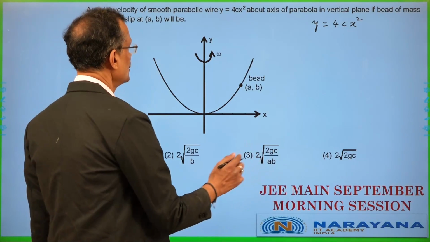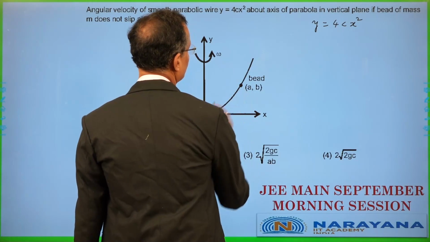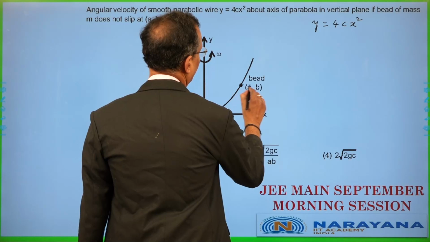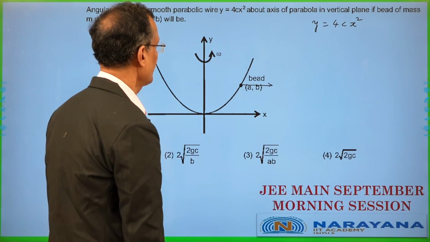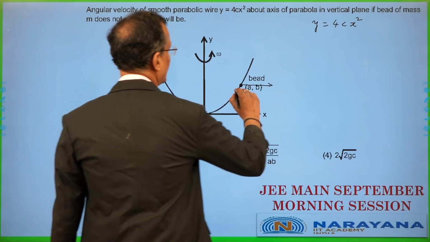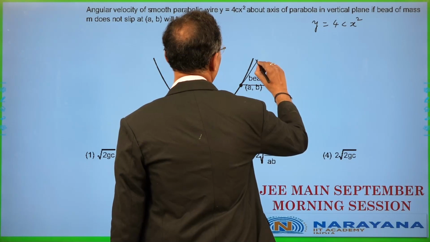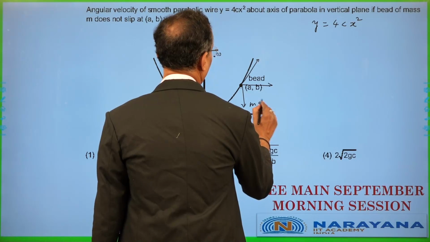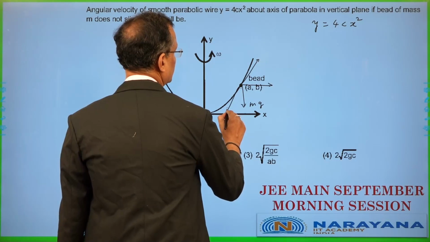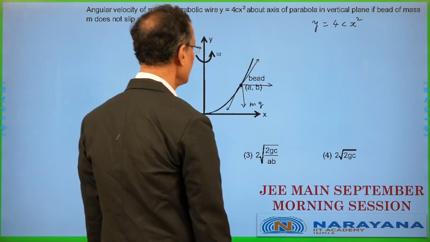Here it is not slipping. In this direction, centrifugal force will be acting, right? So it will have this component, and here is mg. It will have this component, and these should be equal.